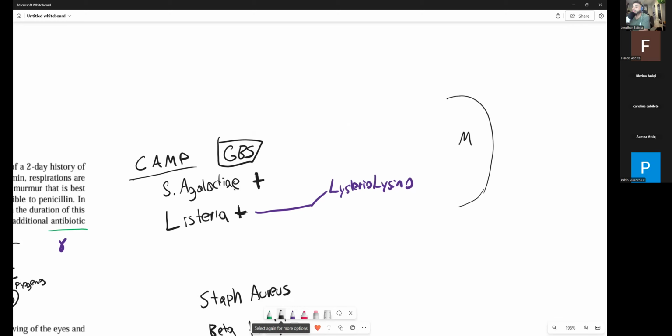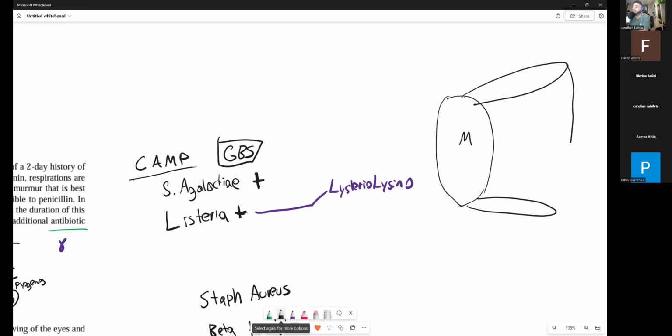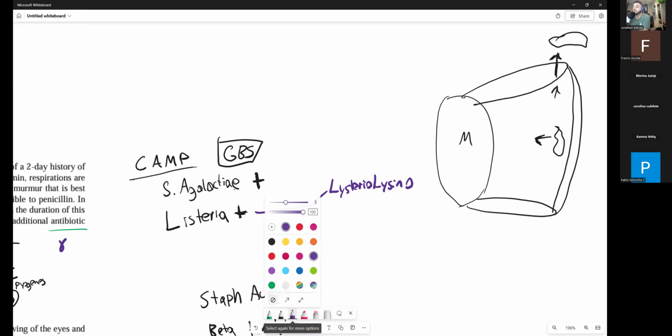So when a macrophage finds Listeria and tries to extend its pseudopods in order to bring Listeria towards the inside, listeriolysin has the ability to basically pop a hole in this macrophage and then release itself. So it can liberate itself. It escapes using listeriolysin.